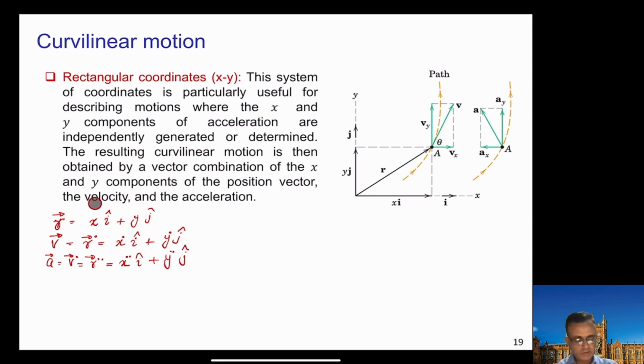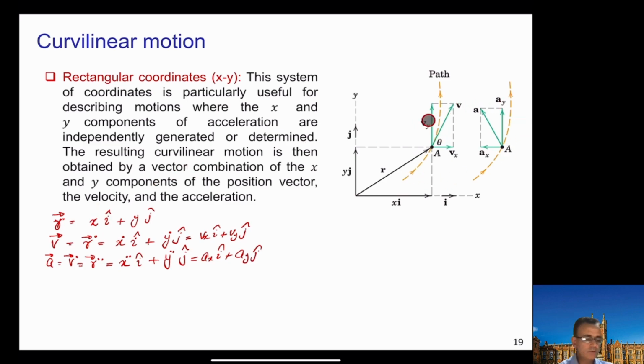We can also write these vectors. As you can see in this case here, the velocity equation is then vx i plus vy j, and similarly the acceleration is ax i plus ay j.